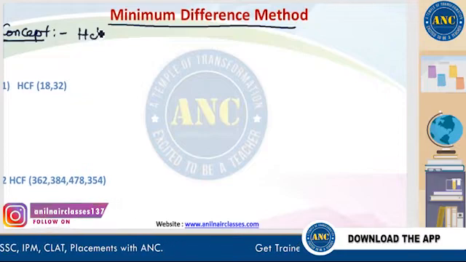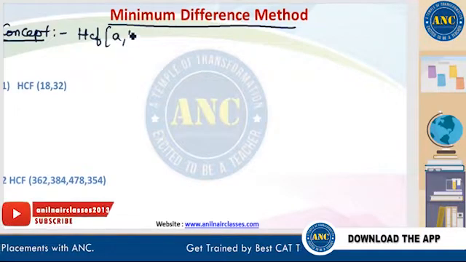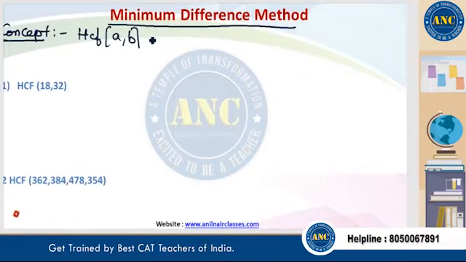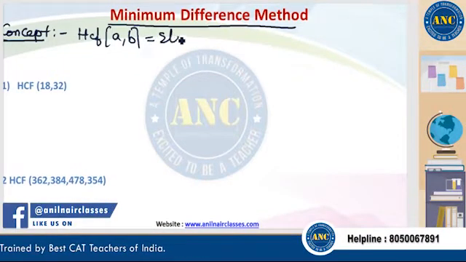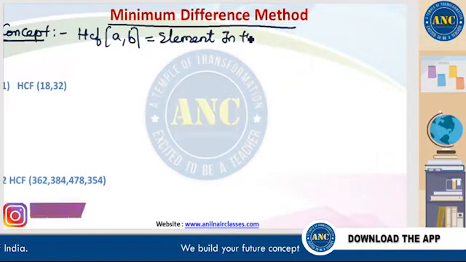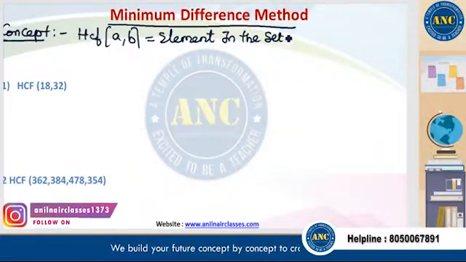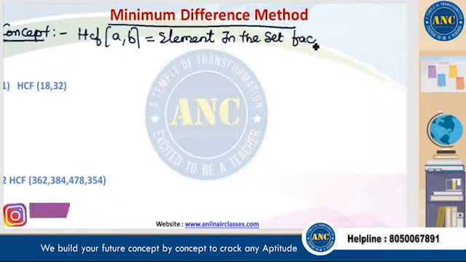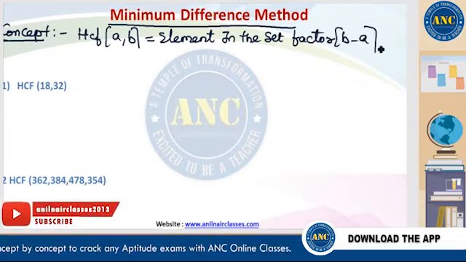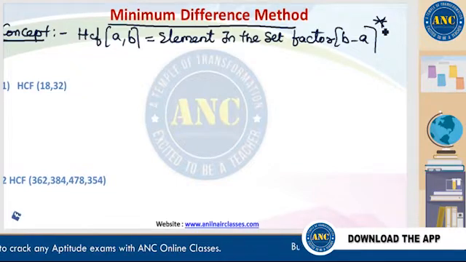Concept: HCF of any two numbers, not only two, you can take more than two. HCF of any two numbers, answer is an element in the set factor of B minus A. Please write down this concept.